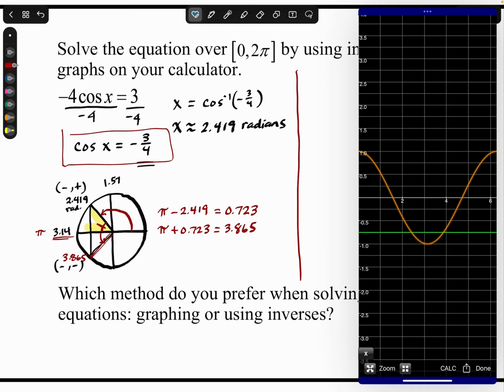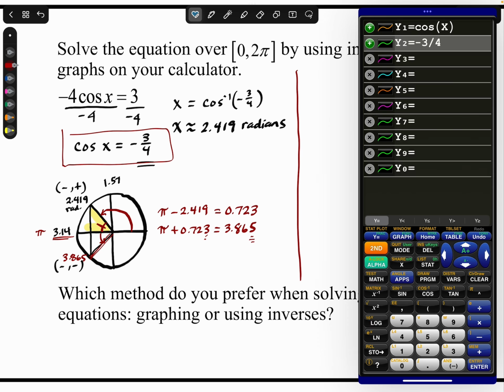We're going to graph it and look for our values. So we got about 2.419, and then we got our second answer, 3.864. We had a little bit of a rounding issue there because I rounded my other values, so it tweaked our answer just a little bit. But you see, you get the same thing.